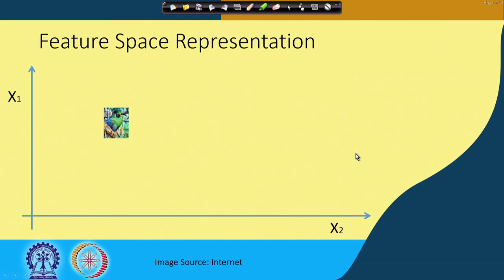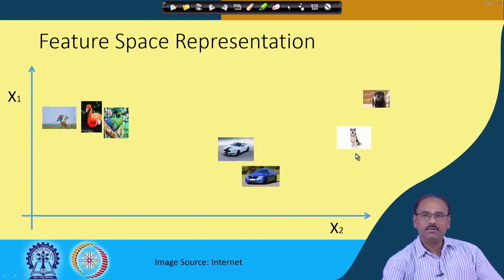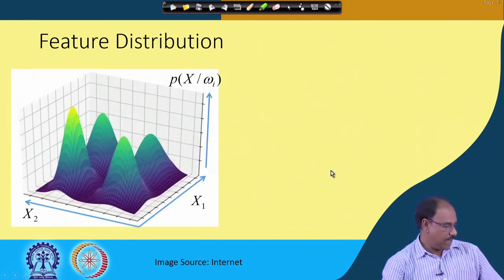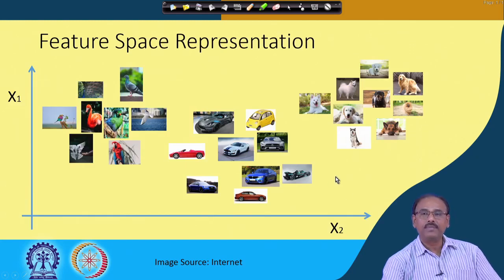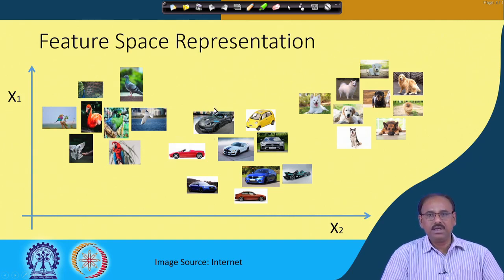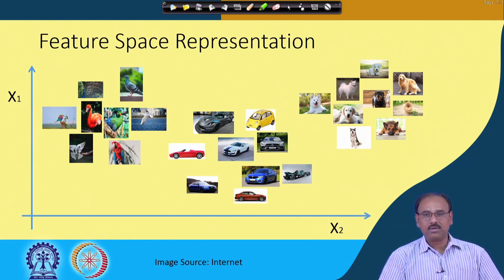So, this is what we have shown in the previous class, that is, images from the same class, multiple images belonging to the same class. We had considered three different classes: the class of birds, the class of dogs and the class of cars.